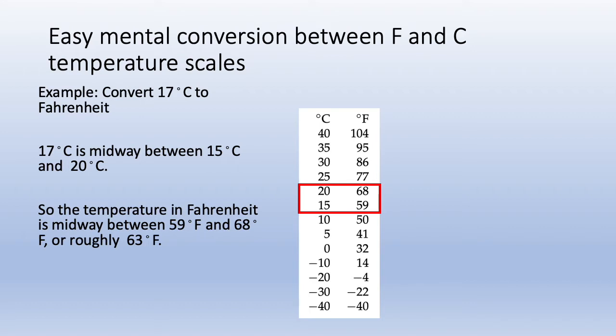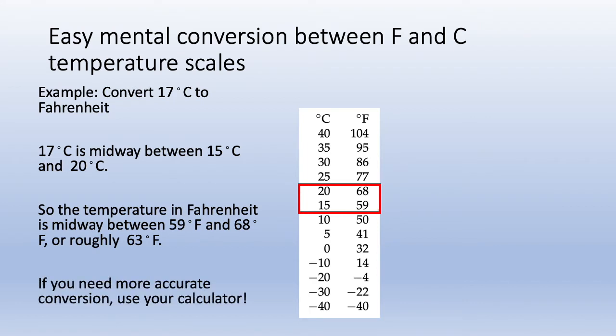That's often accurate enough for just getting a general sense of where you are on the scale. If you need something more accurate, then there's always your calculator. It's not a hard calculation to do.